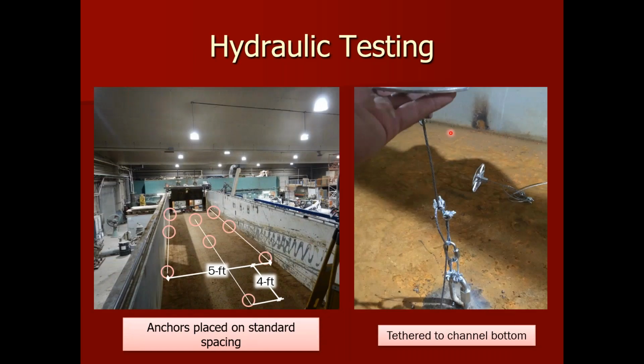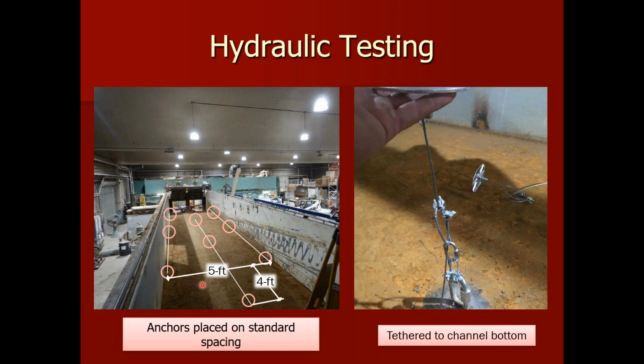So we realized quickly that we weren't evaluating the geotechnical stability. What we wanted to evaluate was the hydraulic performance of the anchors. So we tethered the anchors to the bottom of the channel just with cables, and then put them in the spacing again that was most indicative of what we saw for field installations.